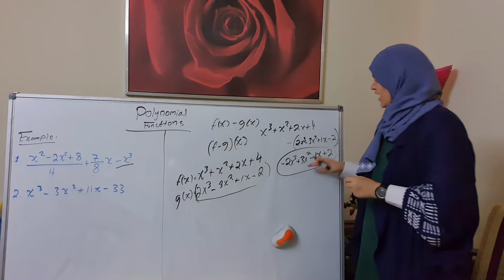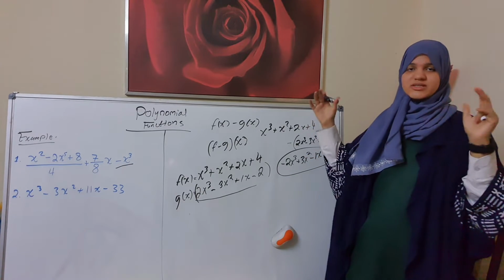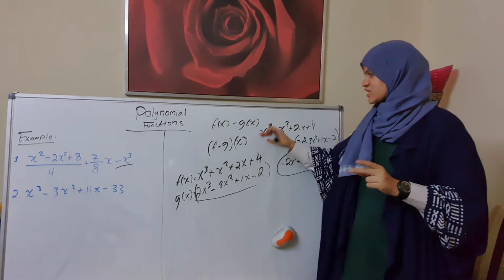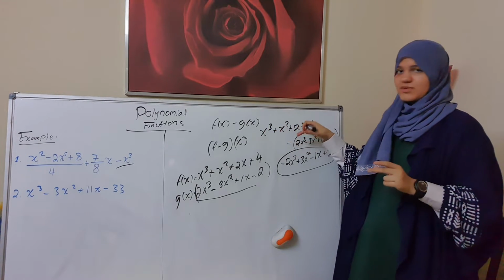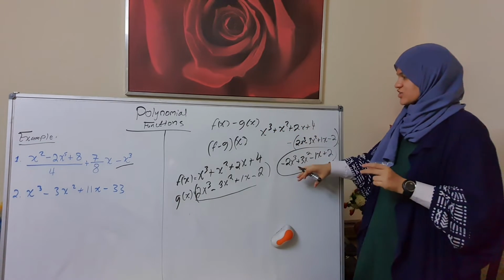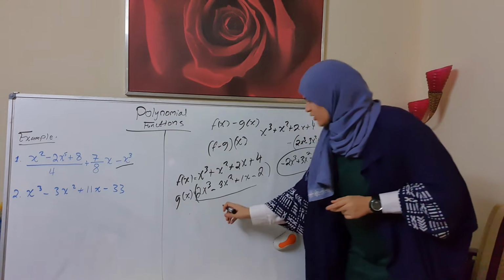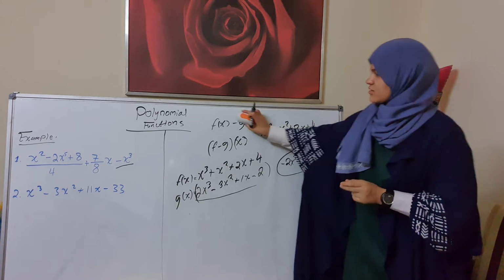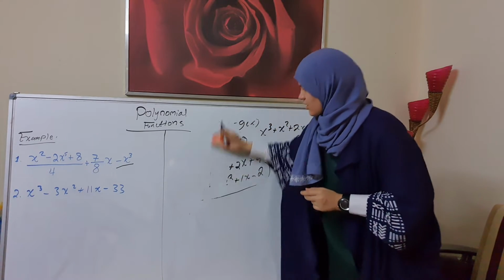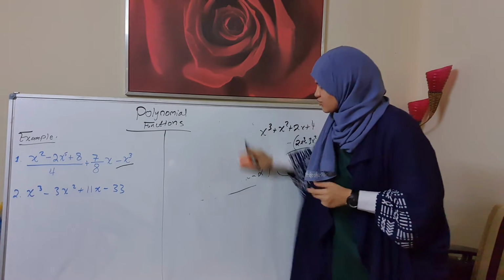Now we have this operation and we can put them together. For example, x to the power of 3 plus x to the power of 2 plus 2x plus 4, we can put it with this function, which is g of x. Let me rub it so you can see it more clearly.